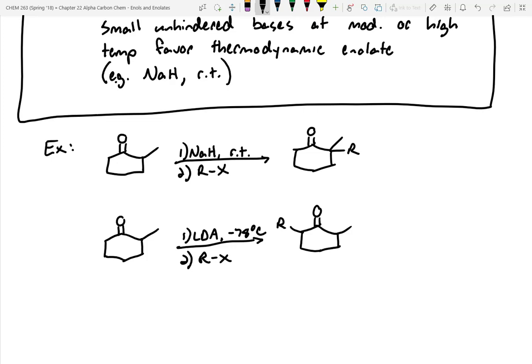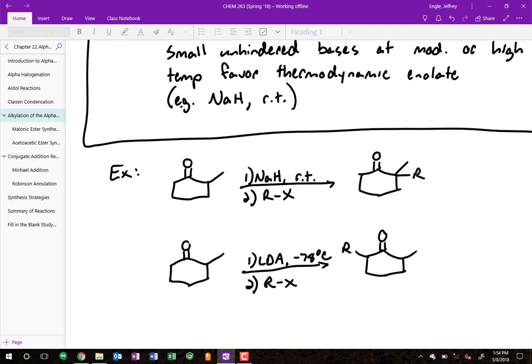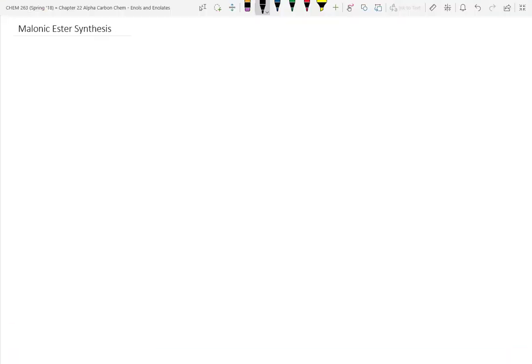All right, the next reactions are similar to alkylation reactions. The first one is called the Malonic Ester synthesis. And I'll show you the overall reaction first. So you always start out with an alkyl halide. In fact, I'm going to color code this as a blue R group. And you have some sort of leaving group.